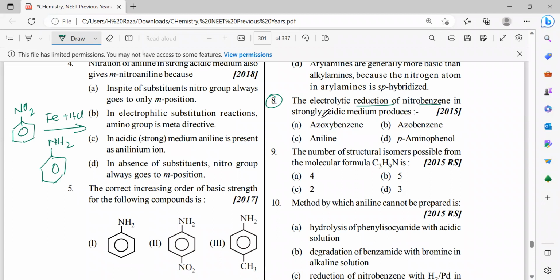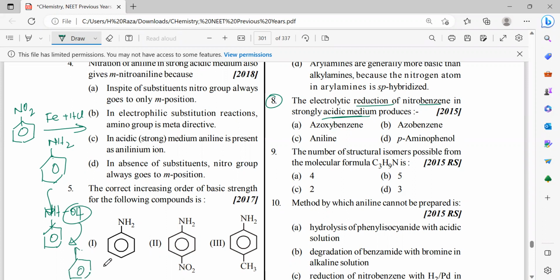Now, if you are going to do this in a strongly acidic medium, it will be a single step reaction, giving NHOH. Hydroxylamine will be there, and then there will be rearrangement, and this OH will come to the para position in order to stabilize itself.